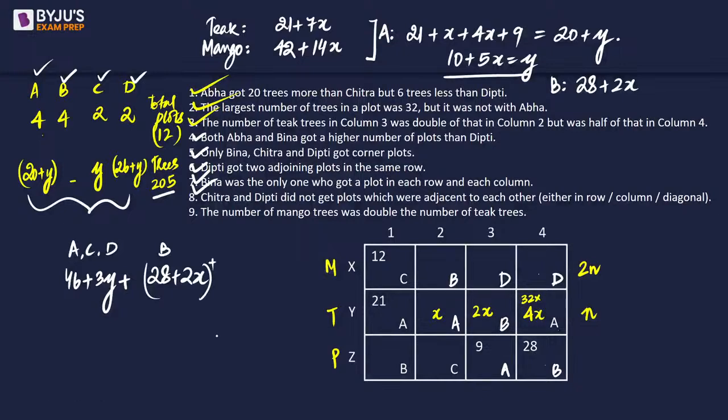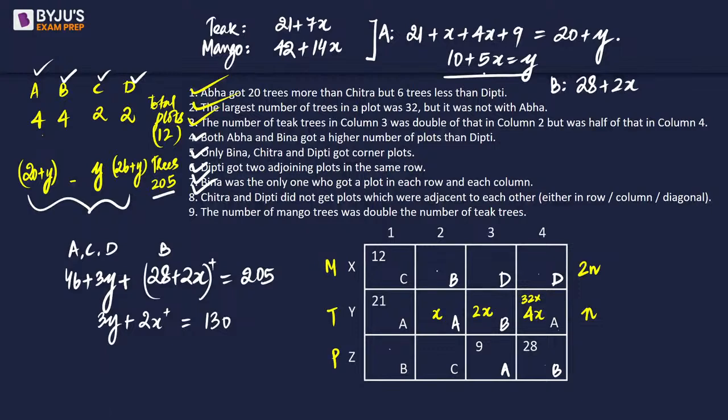It could be more than this because there are two cells of B that we have not taken into account. So this is a total of 205 trees. So from here we will get 3y plus 2x slightly more than that. This is going to be 60, 74 come, so let's say 75 come. So this is going to be 130.